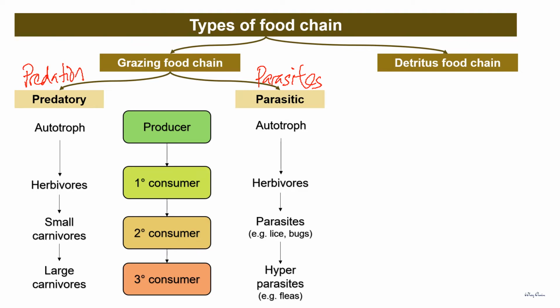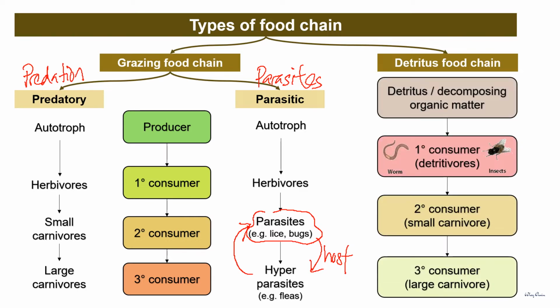And the 4th trophic level, which is the tertiary consumer, consists of hyperparasite. That means the organisms are actually parasite to the previous trophic level. Now, the secondary consumer here are actually the host to the hyperparasite.